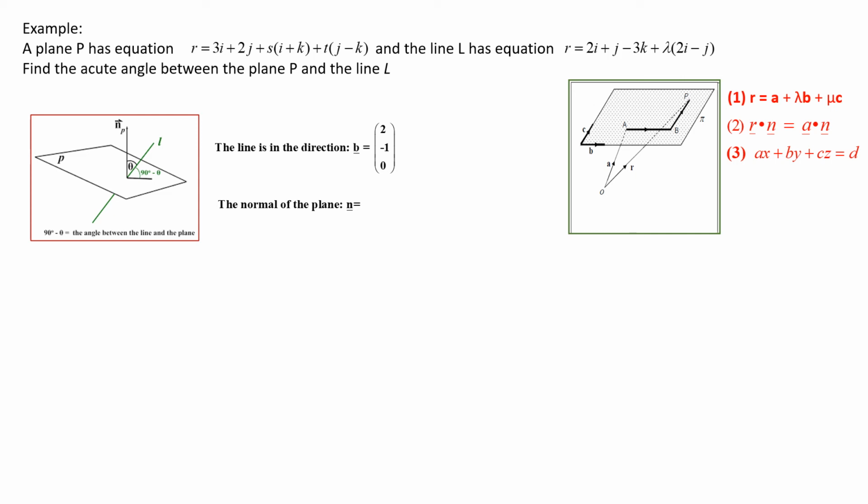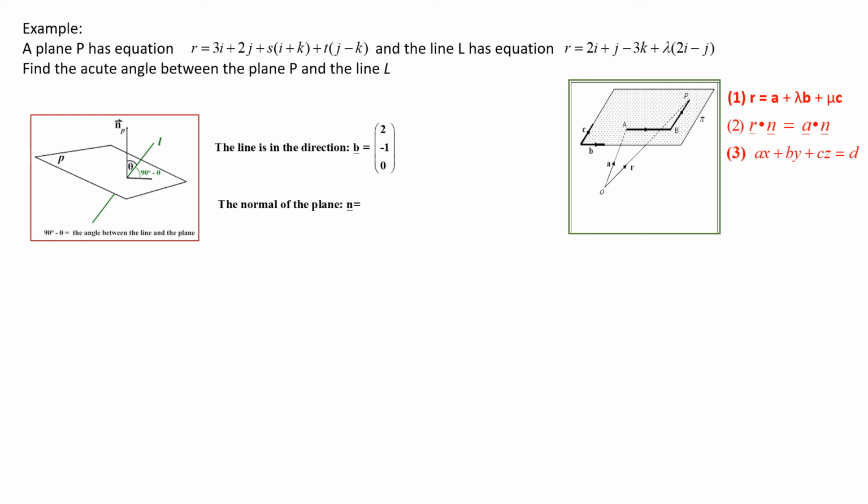So here you must know the meaning of vectors A, B, and C. A is the position vector of any point lying on the plane. B and C are any two vectors lying on the plane. So you know this, then you can use B and C. You take the cross product of B and C, then you will get the normal to the plane.